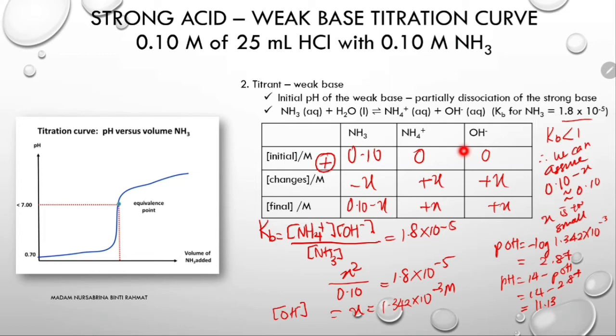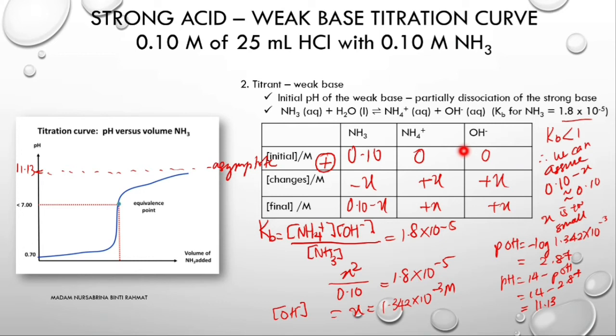Okay, so 11.13 will serve as the asymptote. That means your pH curve will never cross this pH of 11.13.